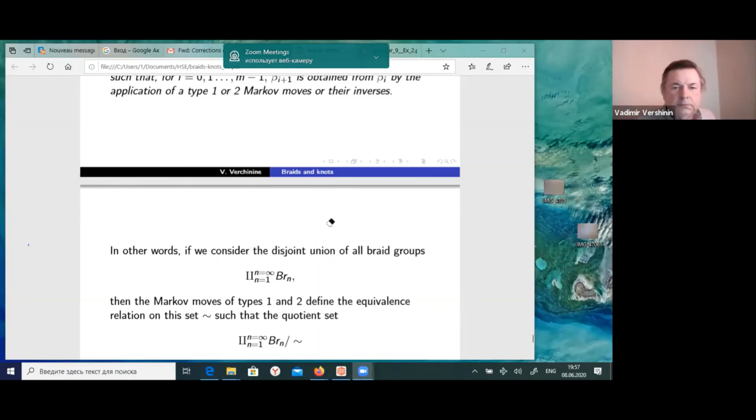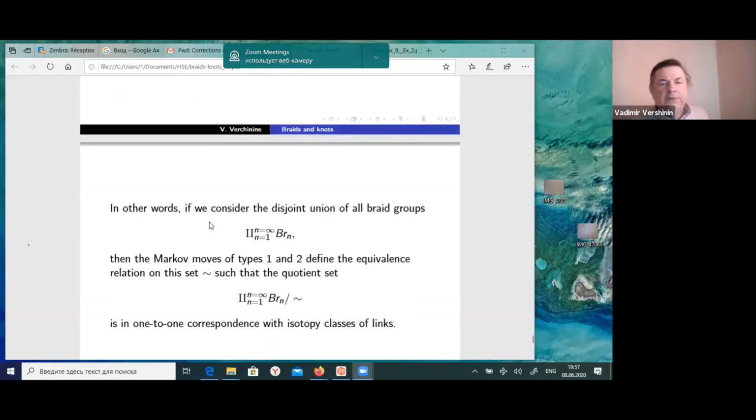Take now the disjoint union of all braid groups, because they are connected. So you have a copy of B1. B1 is trivial.